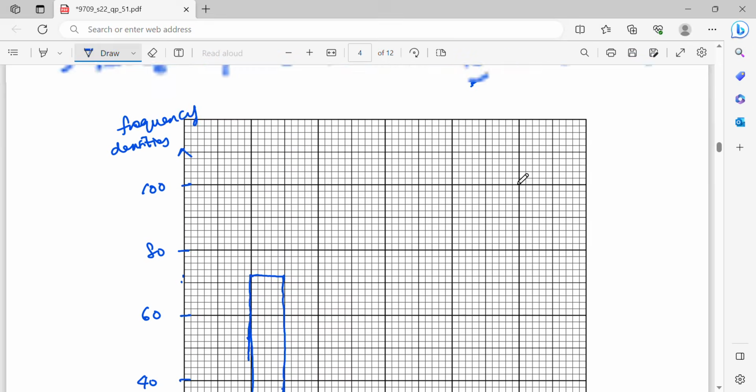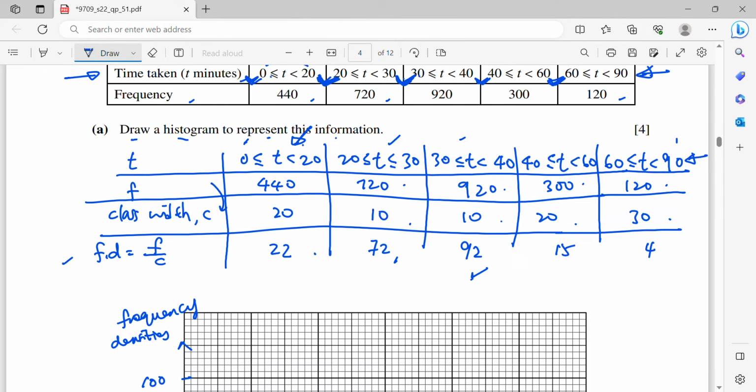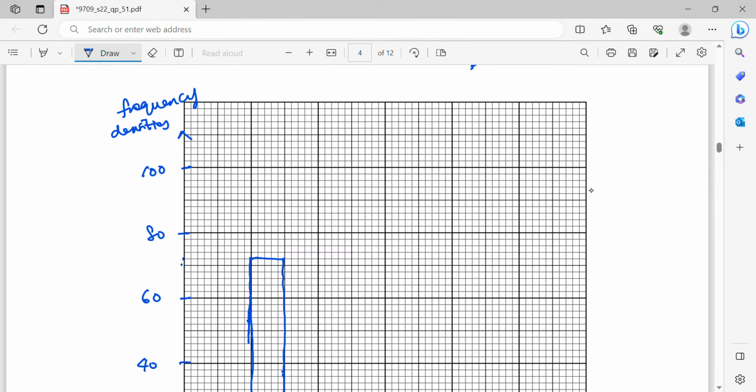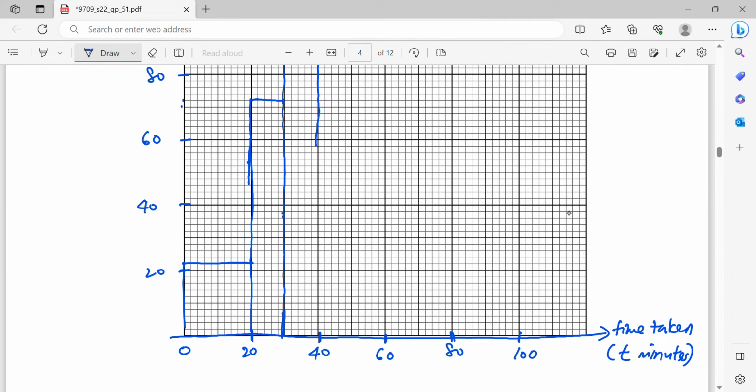Right. Then the next bar is 30 to 40. The height is 92. So here is 90, 92. Alright, so please draw using a ruler.